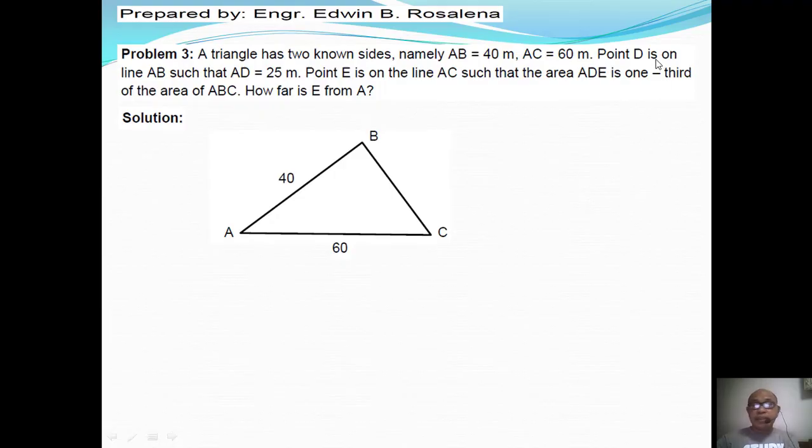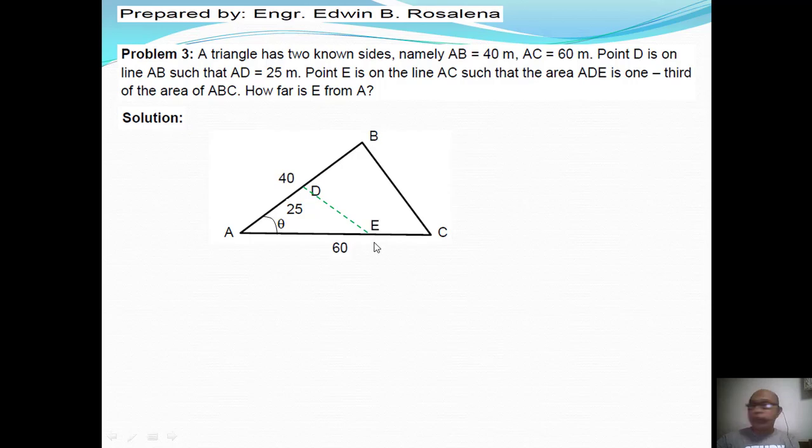Okay. Point D is on line AB such that AD is equal to 25. Here is the 25.